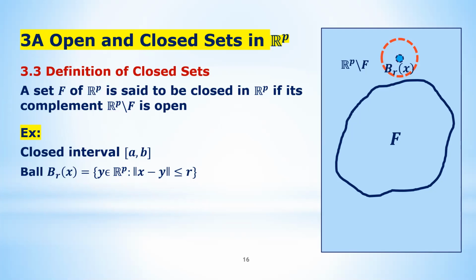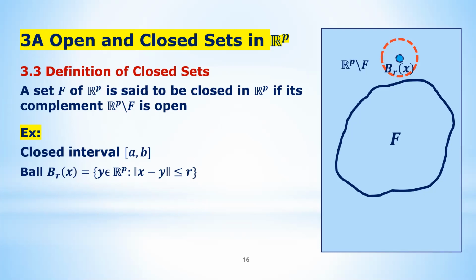So all the boundary points belong to the set itself, the set F. Here we haven't really defined what we mean by the boundary yet, but from the picture you can roughly see that a closed set must contain all the boundary points. Examples are a closed interval [a, b] and a closed ball.